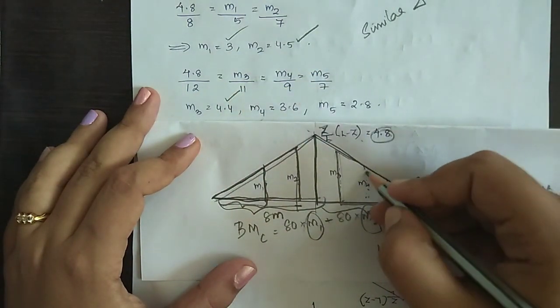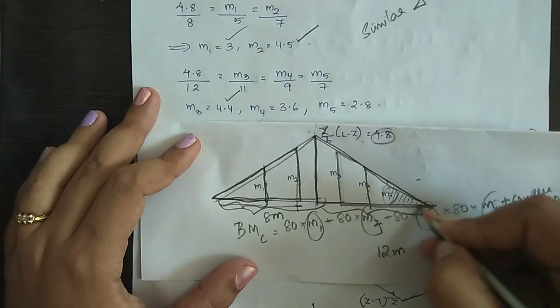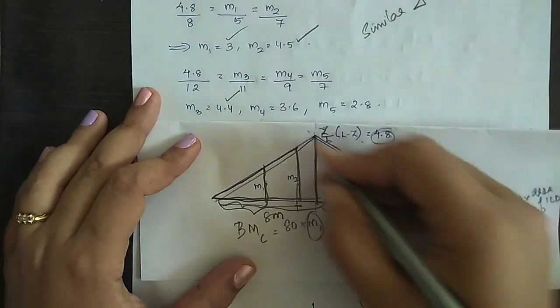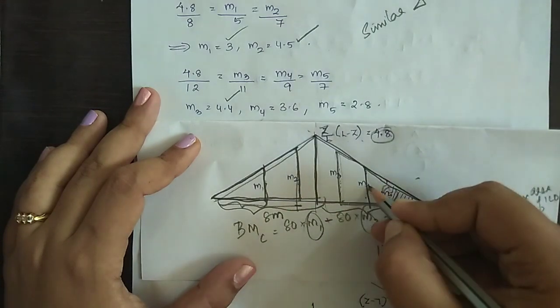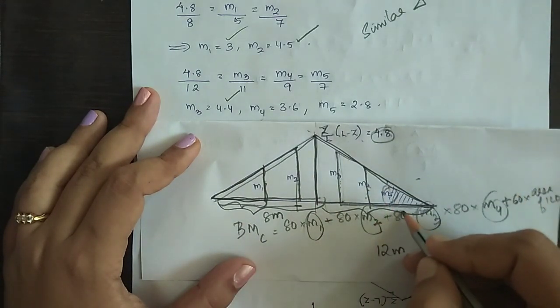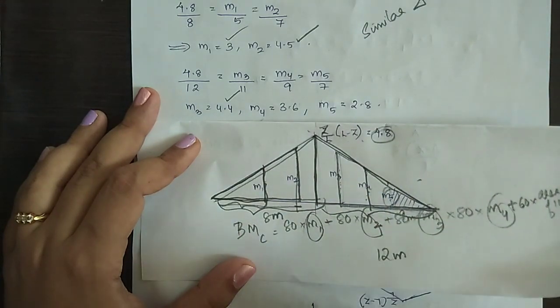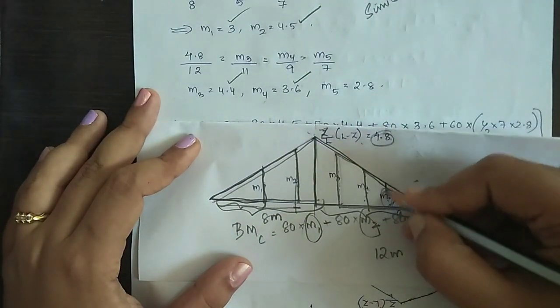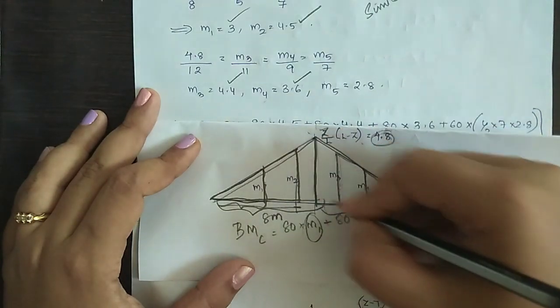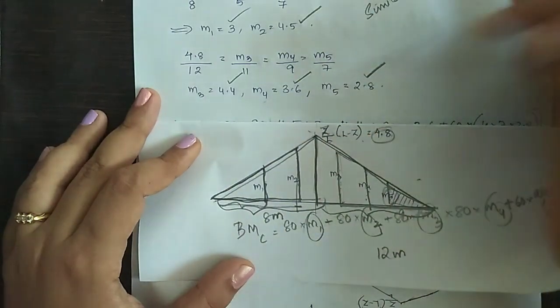To find out M4, choose this small triangle and the big triangle. 4.8 upon 12 is equal to M4 by 9 meter distance, and M4 comes out to be 3.6. Similarly, to find out M5, choose this small triangle and this big triangle, and M5 comes out to be 2.8.